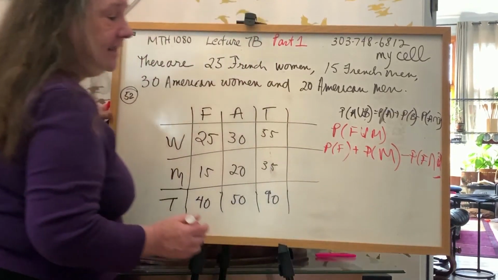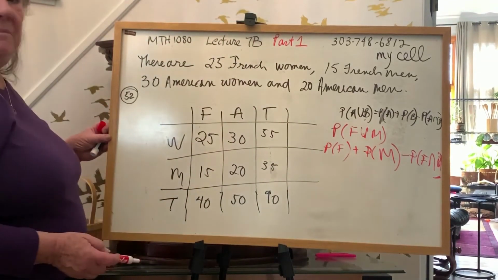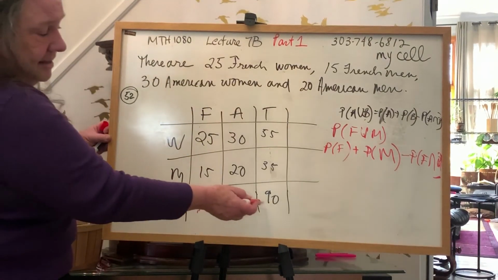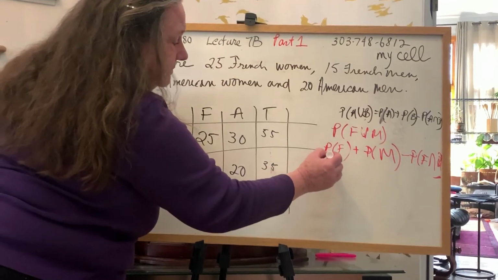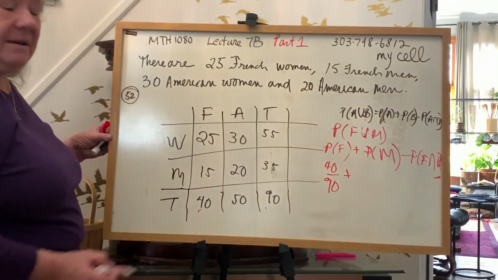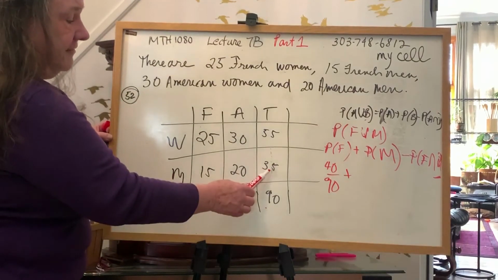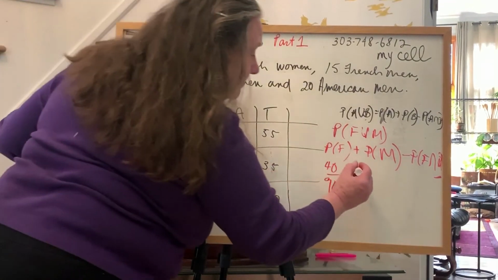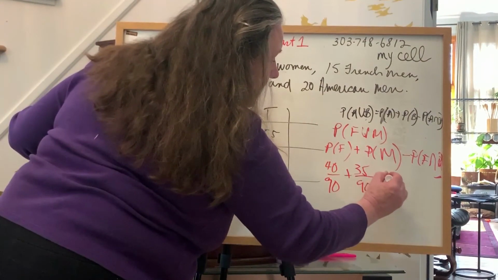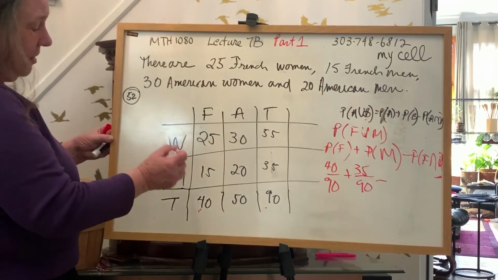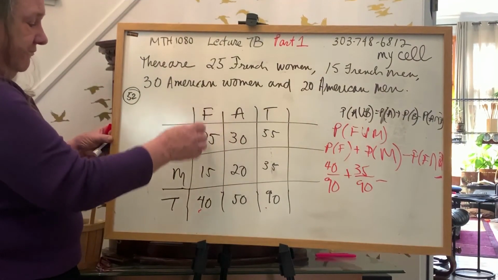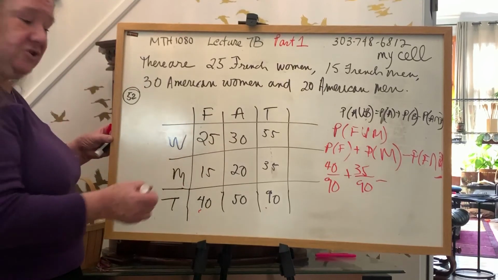Sorry, I'm writing on the end again. The probability of being French. Well, here's the French people. It's 40 out of the total of 90. What's the probability of being a man? 35 out of 90. Minus the probability of being a French man.